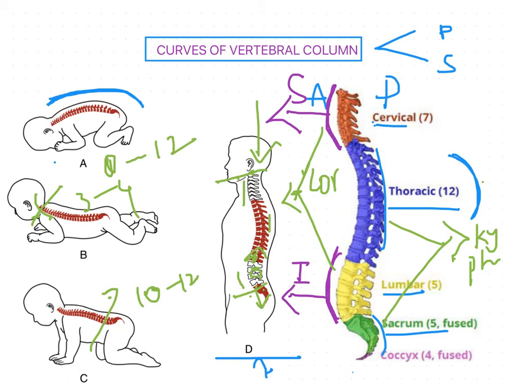To understand this, what do we mean by a segment in the vertebral column? Is a segment a single vertebra or a pair of vertebrae? That is the thing you have to understand. Normally a segment is called the mobile segment, which is the smallest functional unit in the spine.